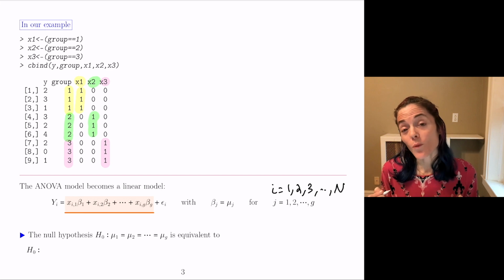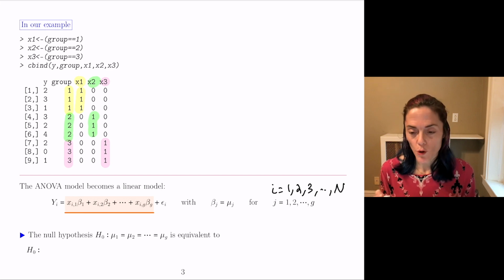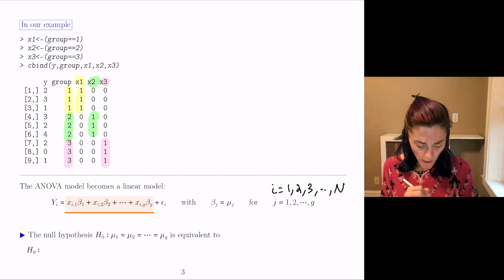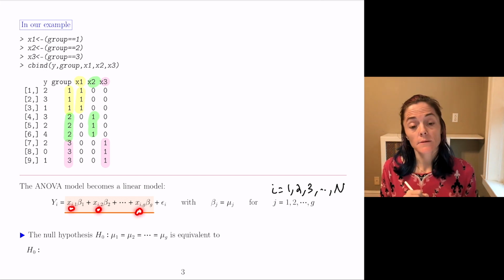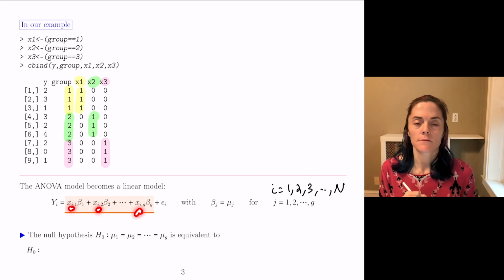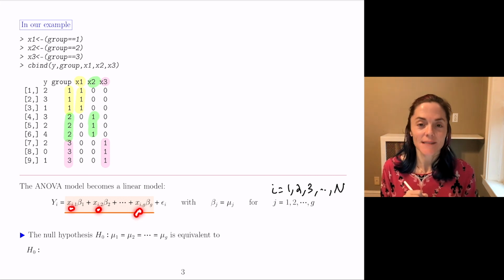Each capital Y is in one group. So only one of these xij's is 1, and the rest are all 0.